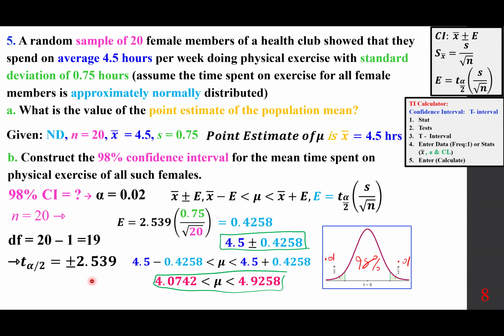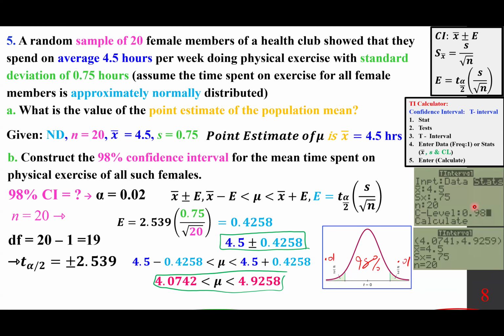If I were to use a TI calculator command, stat, tests, T interval, enter the data as follows. X bar is 4.5, S is 0.75, N is 20, and the confidence level is 0.98.